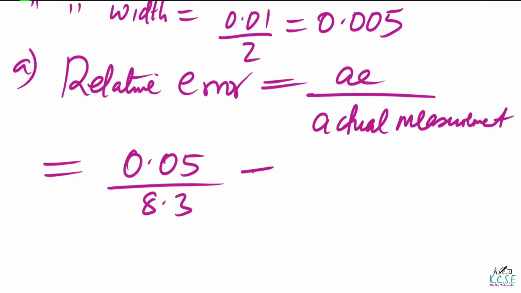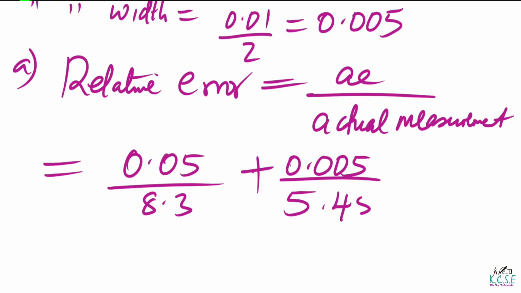Then we add the relative error in the width, which is 0.005 divided by 5.45. The whole of these will give the relative error in the area of this rectangle.